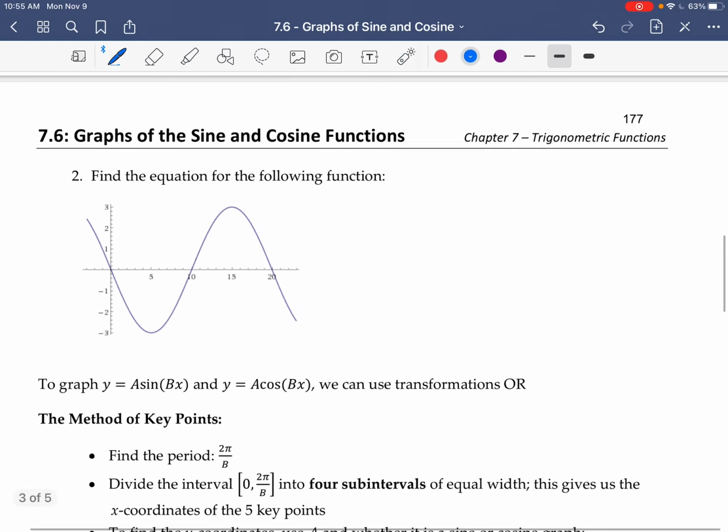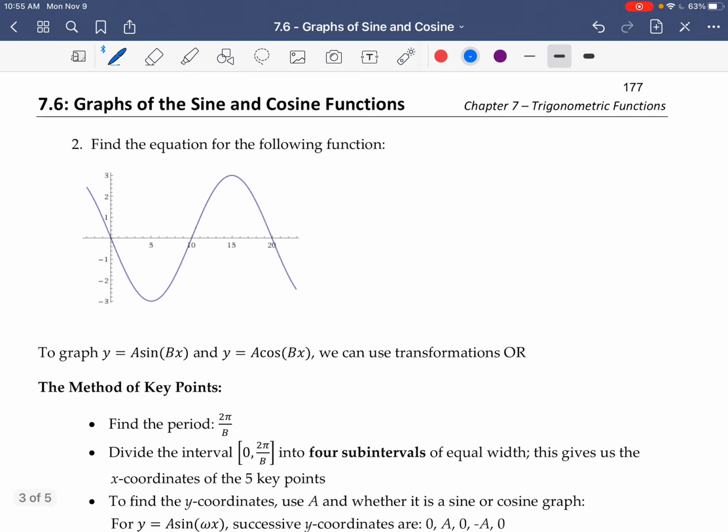Another thing we can do is find the equation for the function. So here, we want to know the height.